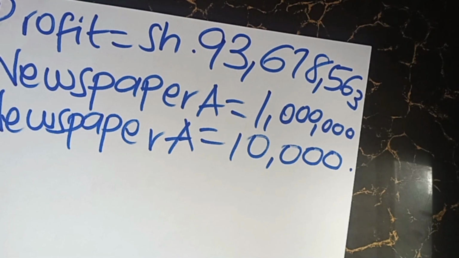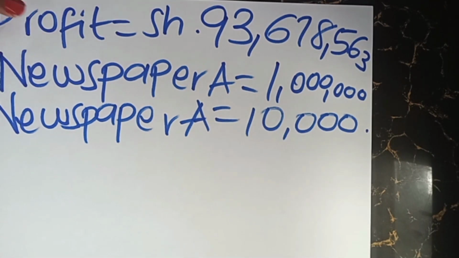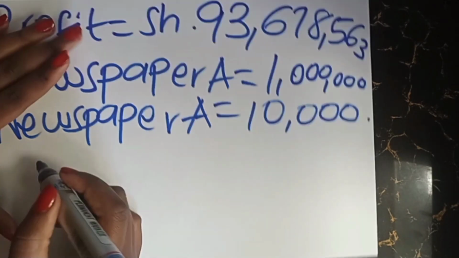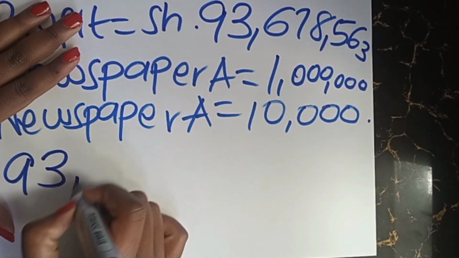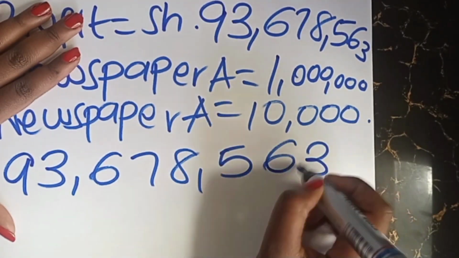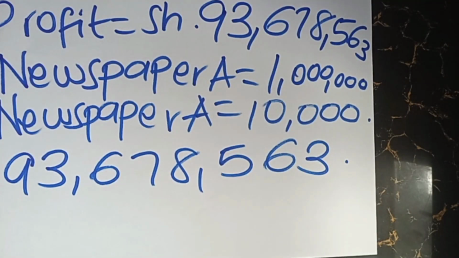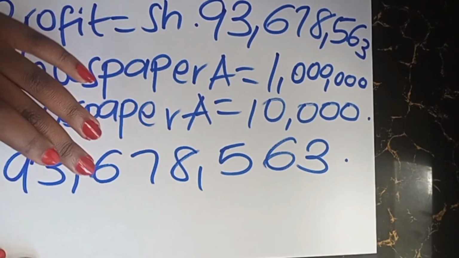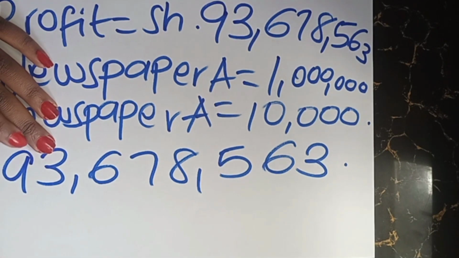So the question is basically asking us to round this number to the nearest 1 million. So where is the millions placed? Ones, tens, hundreds, thousands, 10,000s, 100,000s, millions.